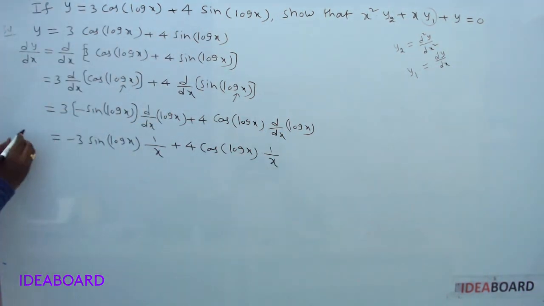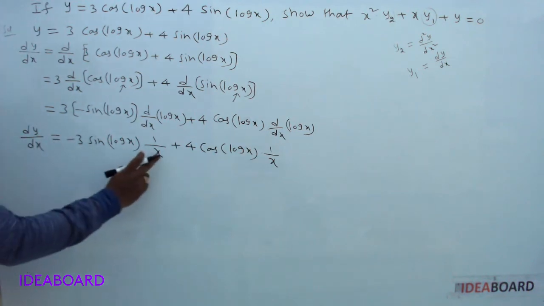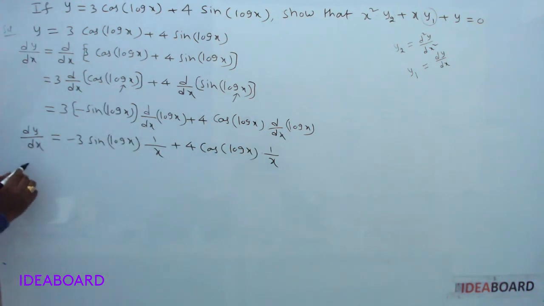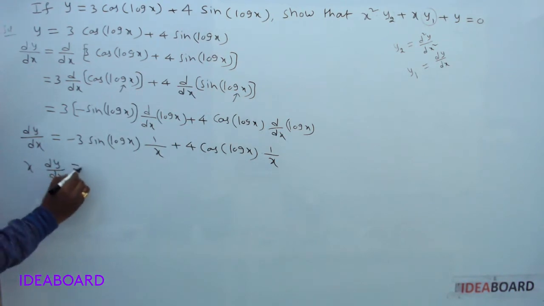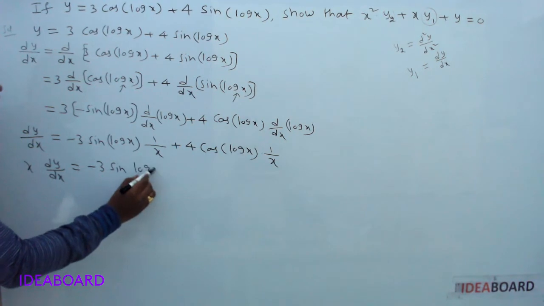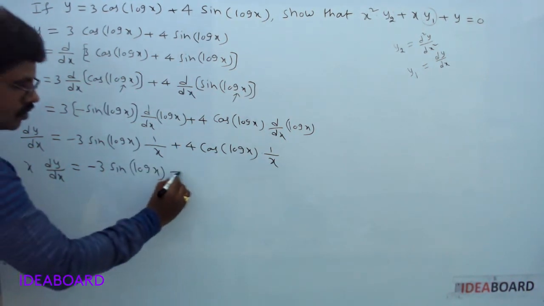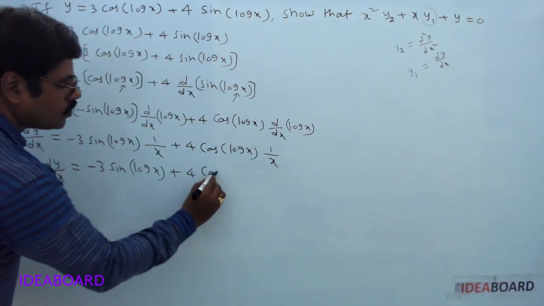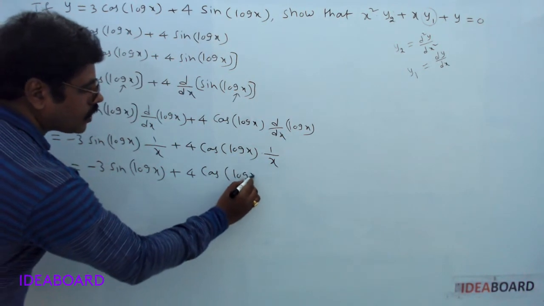Now corresponding LHS part dy by dx. Now multiplying this equation on both sides with x, it will be x into dy by dx equals minus 3 into sin of log x plus 4 into cos of log x.